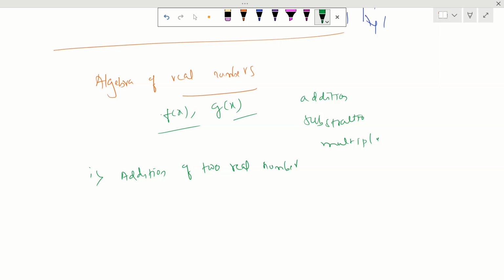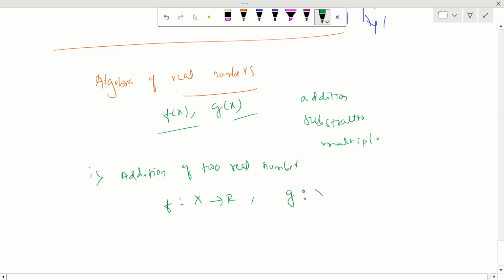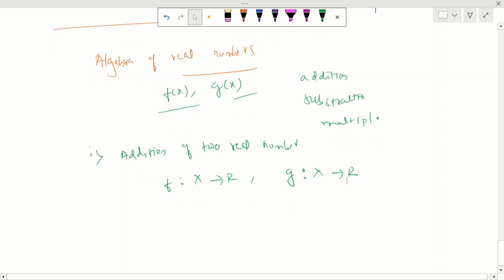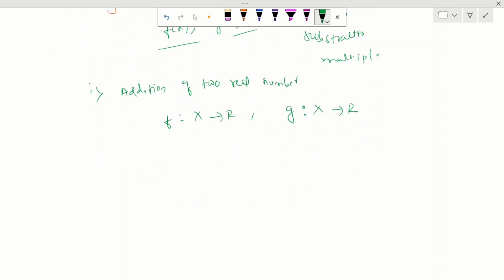Suppose x belongs to R, and f is the first function, and the second function g, with x also belonging to R. Here we have two functions, f and g, both function relations.